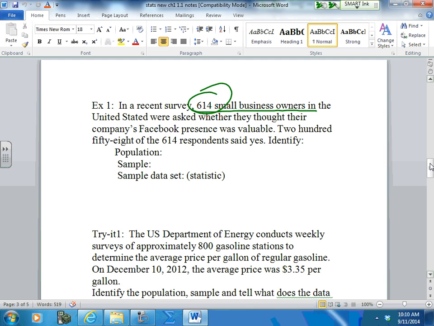We say, are there more than 614 small business owners? So this is my sample. My population is all small business owners in the United States. So I took a random sample selection. I looked at all the population of small business owners, and I took a specific 614 of them.